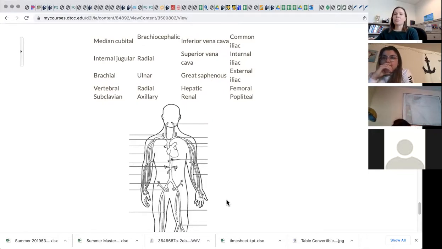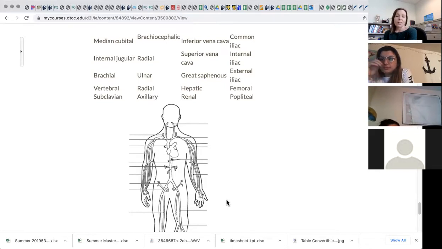So 8 arteries, 8 veins. And then in addition to that, there's a matching section about the arteries and another matching section about the veins.